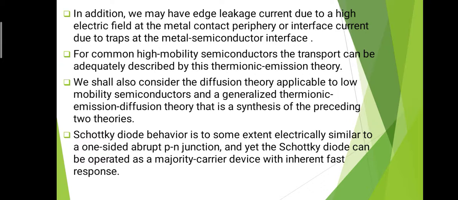Schottky diode behavior is to some extent electrically similar to a one-sided abrupt p-n junction, and yet the Schottky diode can be operated as a majority carrier device with inherent fast response. This is the advantage of the Schottky diode. An abrupt p-n junction means there is doping of the semiconductor material.